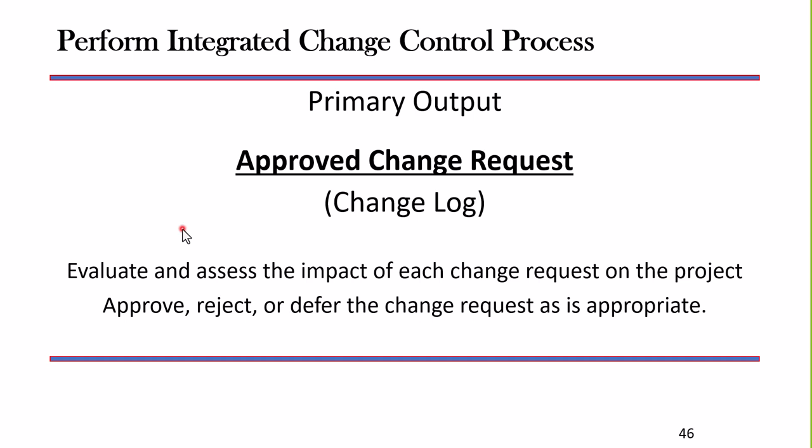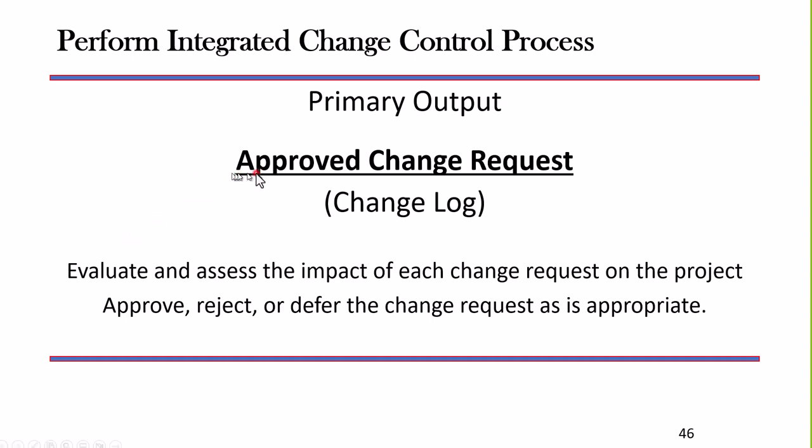If it's a scope change, I'm not looking just at scope. I'm looking at resources, I'm looking at schedule, I'm looking at cost, I'm looking at quality, I'm looking at communication, I'm looking at everything. So I'm going to evaluate that change request impact on the project itself under this process called Perform Integrated Change Control.